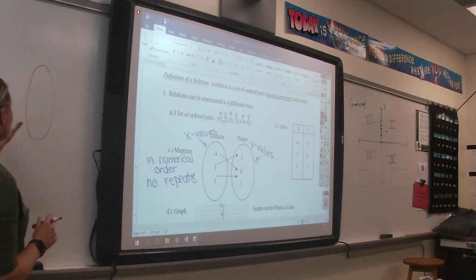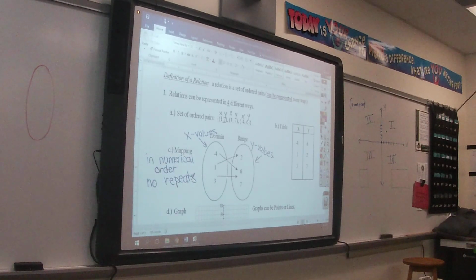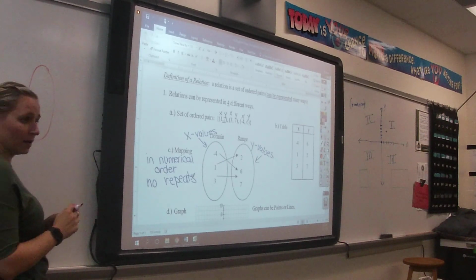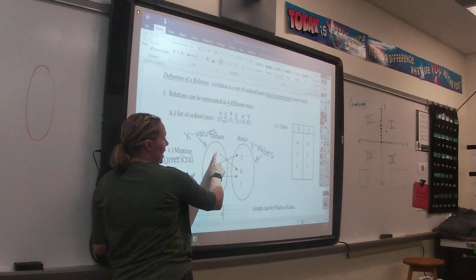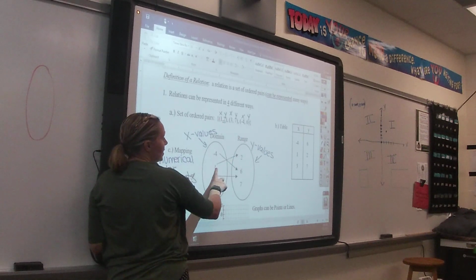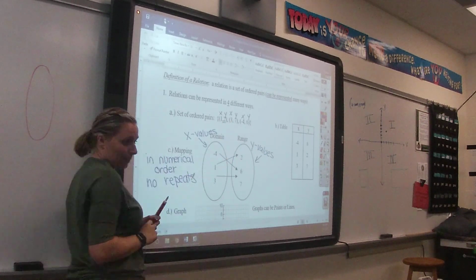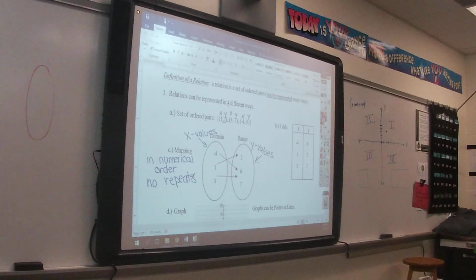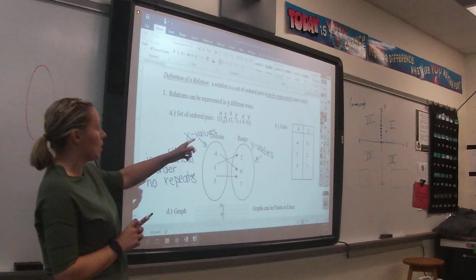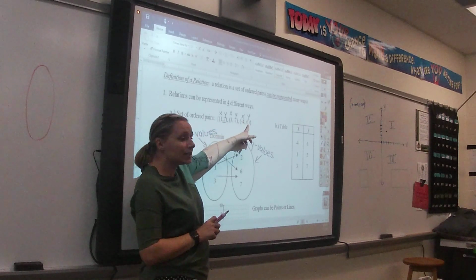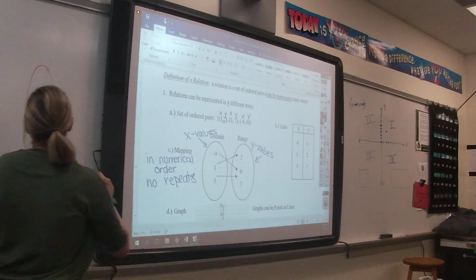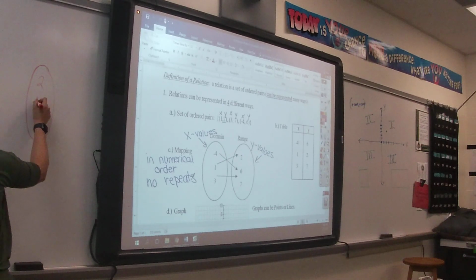Those are going in my first oval, and in that oval, I need to put them in numerical order. So my smallest one is -4, then 1, then 3. Then in my right oval, I'm putting all my Y values: 2, 7, and 6. And I'm listing those in numerical order as well.